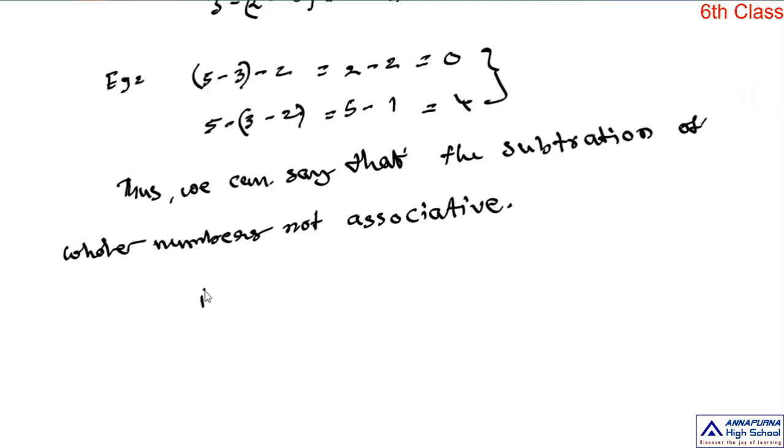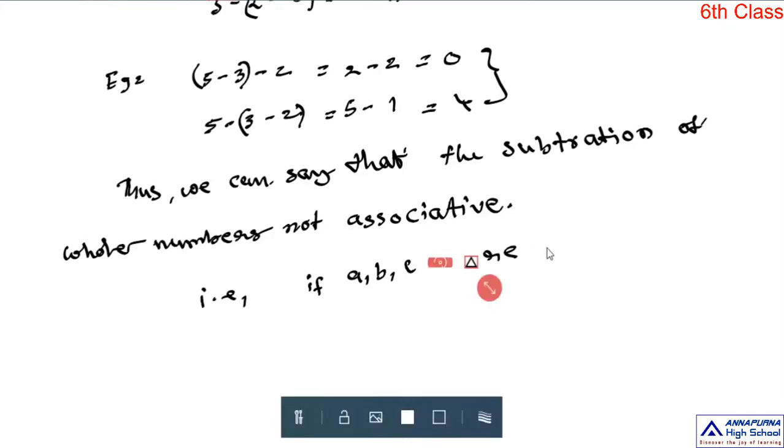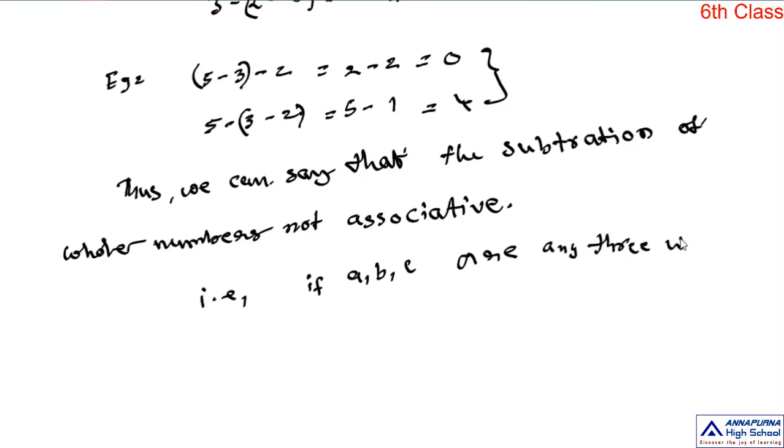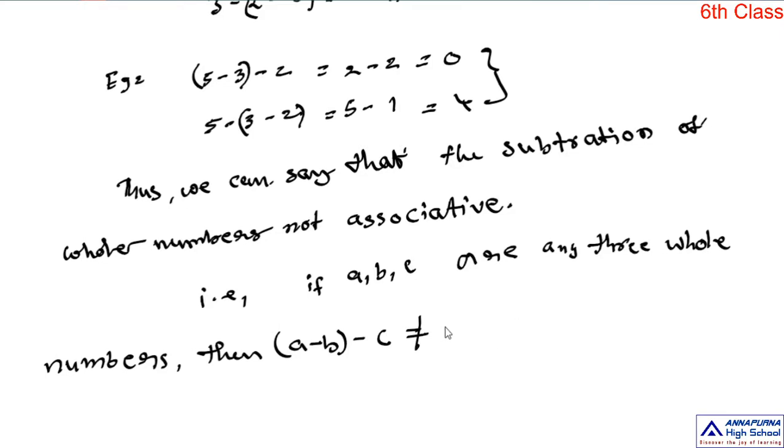That is, if a, b, c are any three whole numbers, then (a minus b) minus c is not equal to a minus (b minus c).